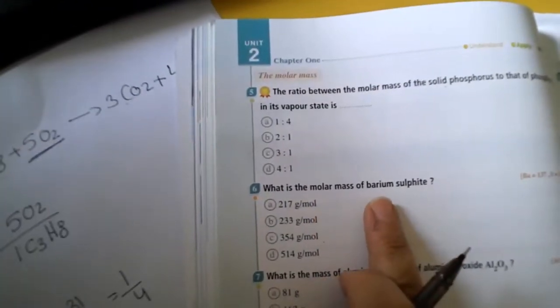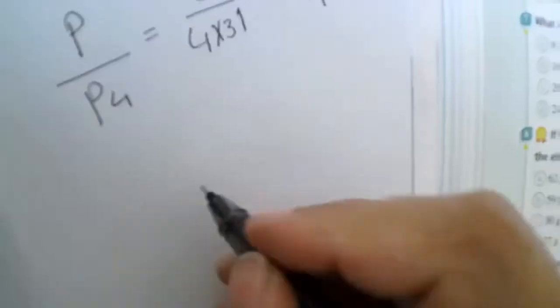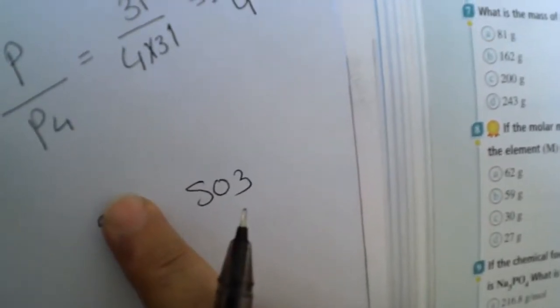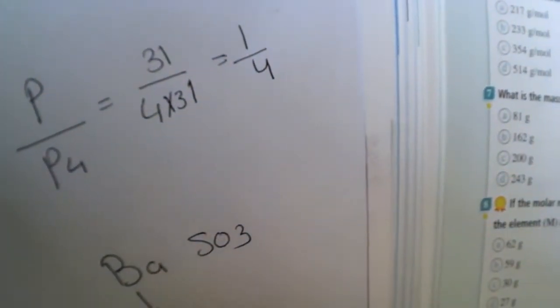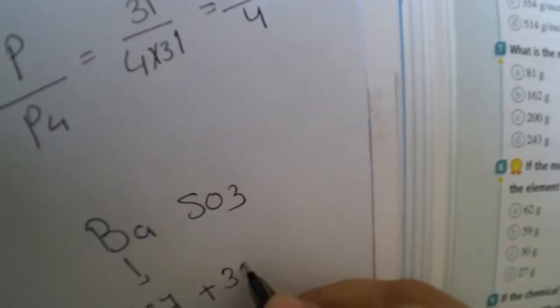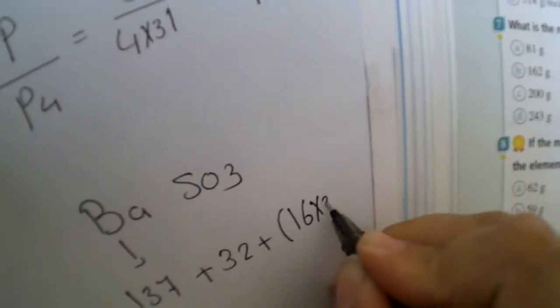What is the molar mass of the barium sulfide? We have to write the barium sulfide first. Barium Ba, sulfide SO3. Here we have divalent and divalent, they cancel each other. So one barium equals 137 plus one sulfur, the atomic mass for the sulfur is 32, and the atomic mass for the oxygen is 16 multiplied by 3.